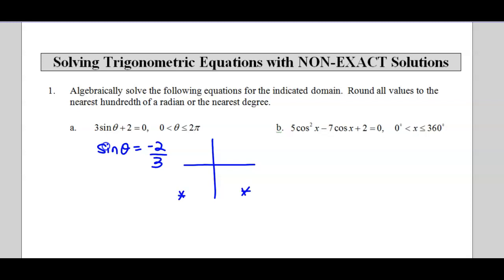And using our calculator, what I do is find the reference angle. So in my calculator, theta reference will be inverse sine of positive 2 over 3.